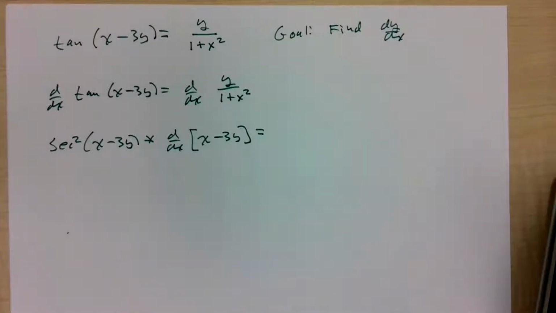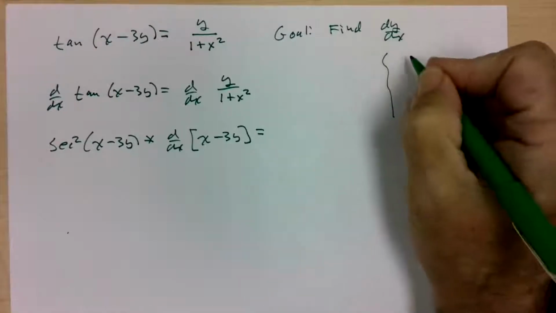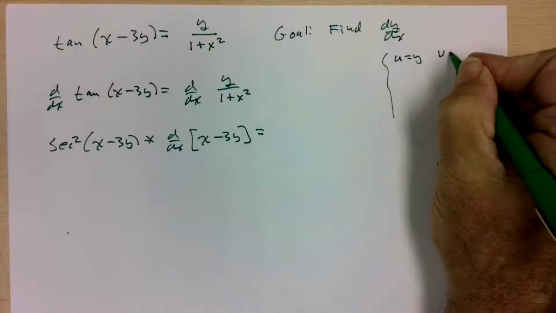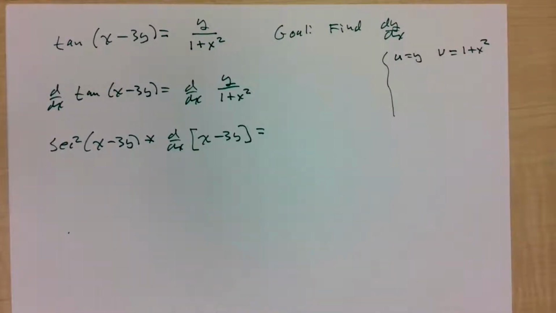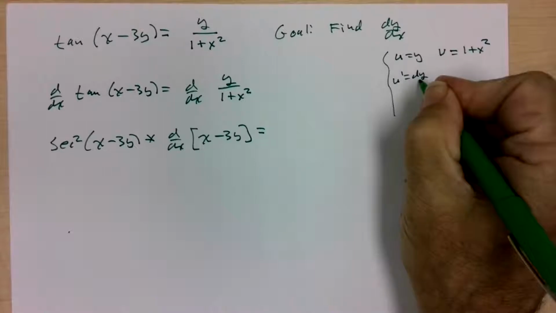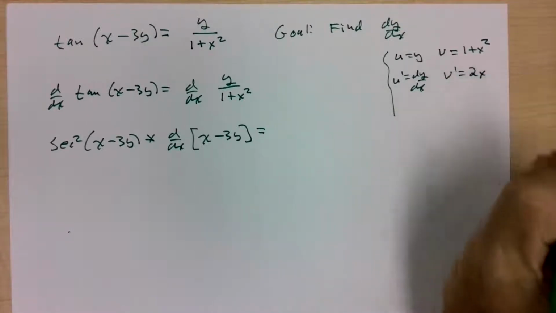That is going to require the quotient rule. So what we'll say there is we'll say u is y, we'll say v is 1 plus x squared. U prime is the derivative with respect to x of y, which would be dy dx. V prime would be 2x.